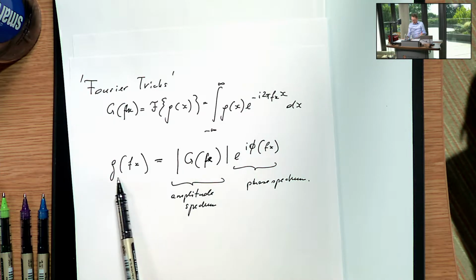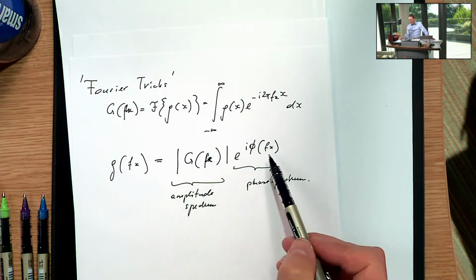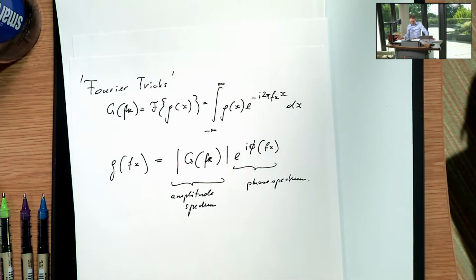So in general, the frequency spectrum will be a complex function, and a complex function can be written as amplitude and phase, as any complex number. That will make some things easier to understand depending on the problem.